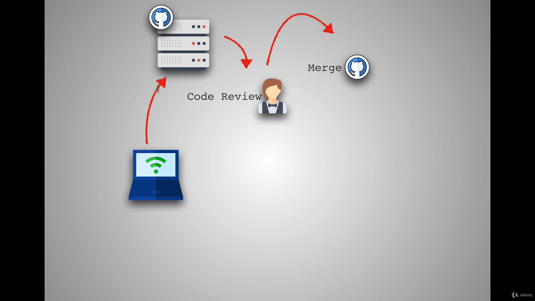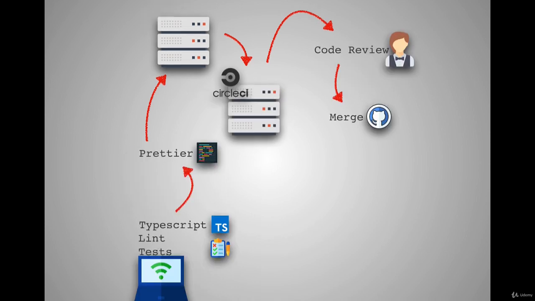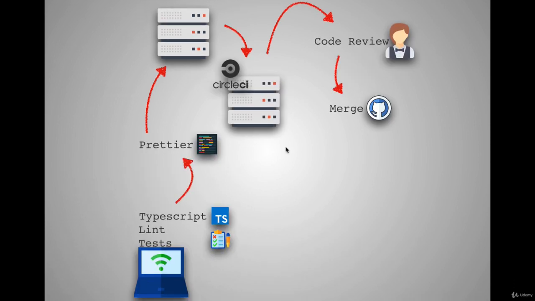Now, in order for us to be making constant pull requests and daily code reviews and daily merges to master, like we want to do here, we need a little bit of help. Luckily for us, there are tools out there that we can use, including free ones, that can help this process and help us implement continuous integration so that we go from here to looking like this. The one thing you might notice here is that we've added a few things.